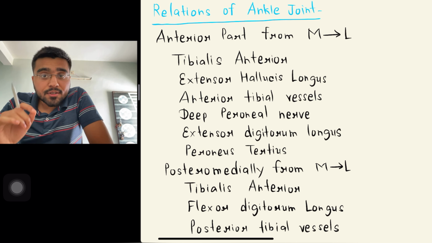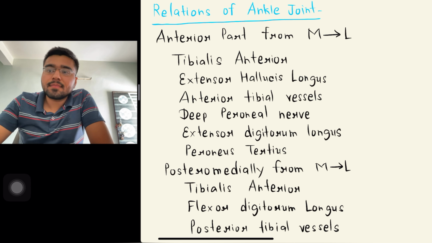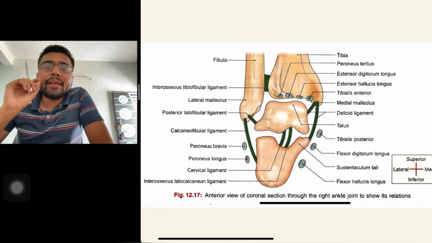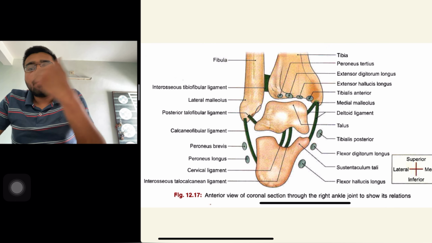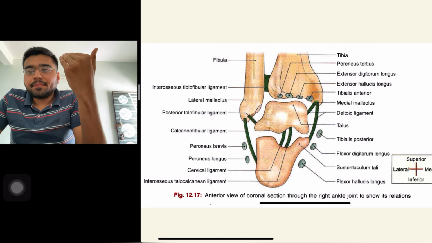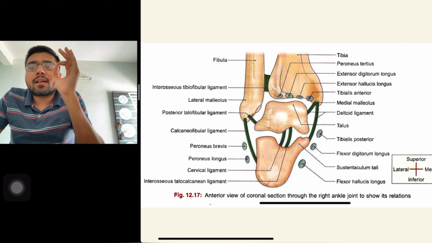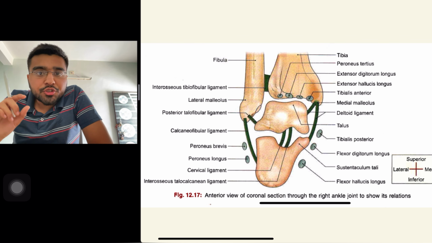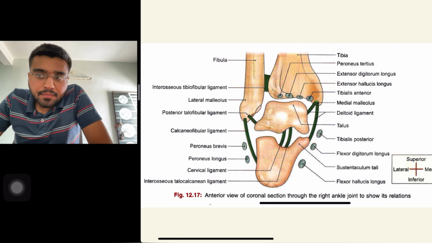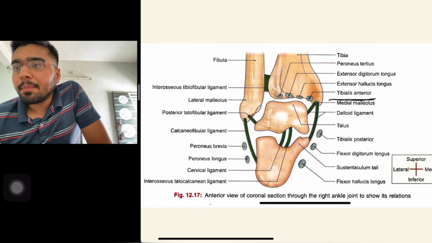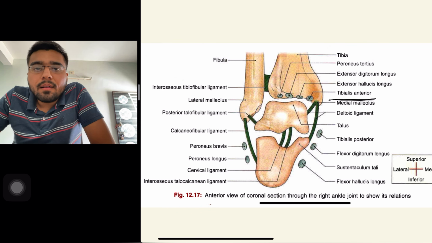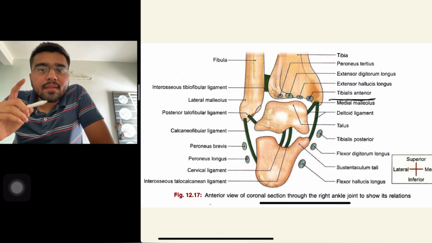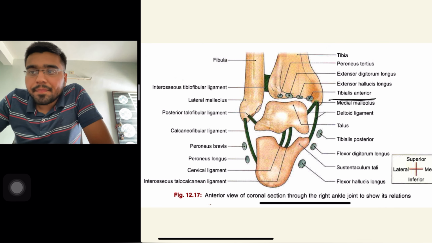Let us see first of all in the figure. This is the anterior view of the coronal section through the right ankle joint, which shows its relations. First of all, the medial part is tibialis anterior in its anterior relations.